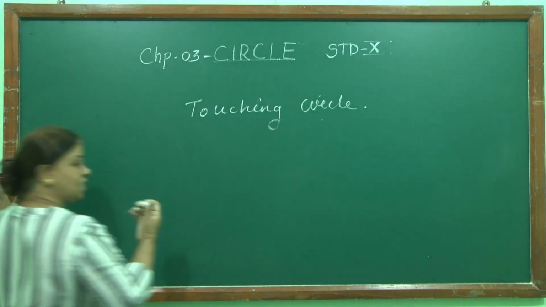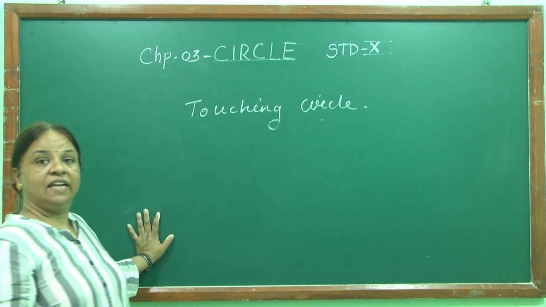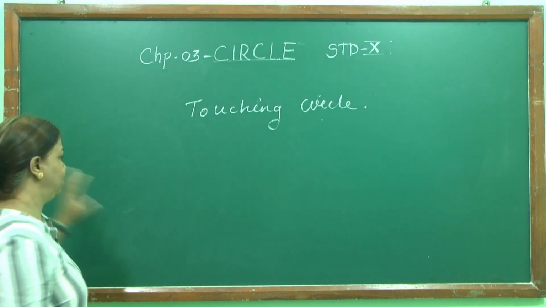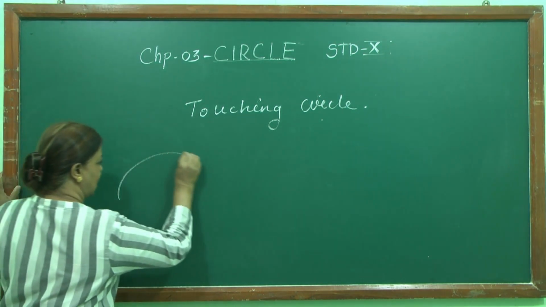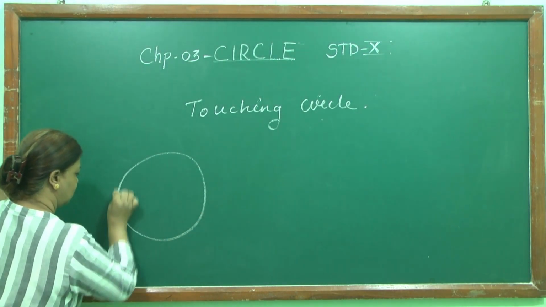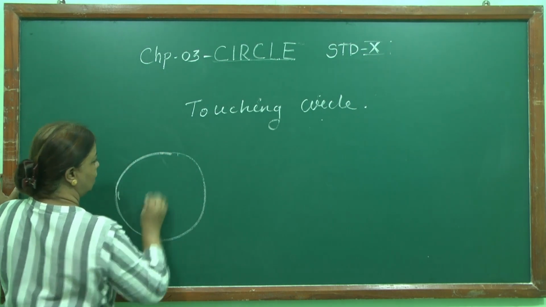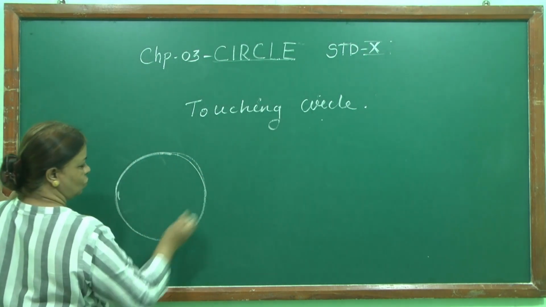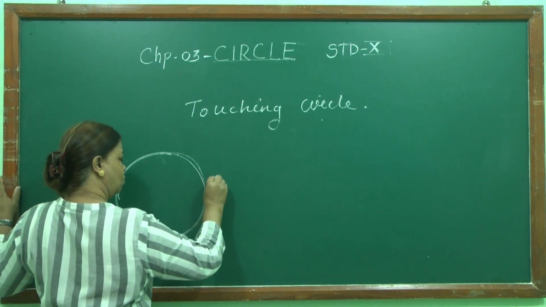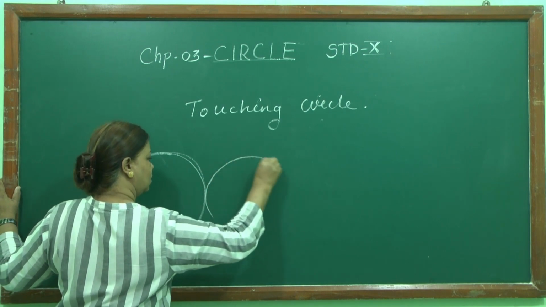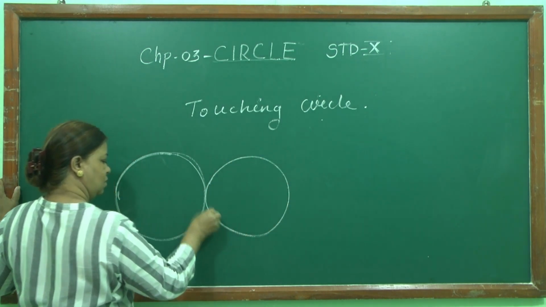Touching circles. Circles are said to be touching in two ways. This is one circle I have drawn. Now one more circle I am drawing.